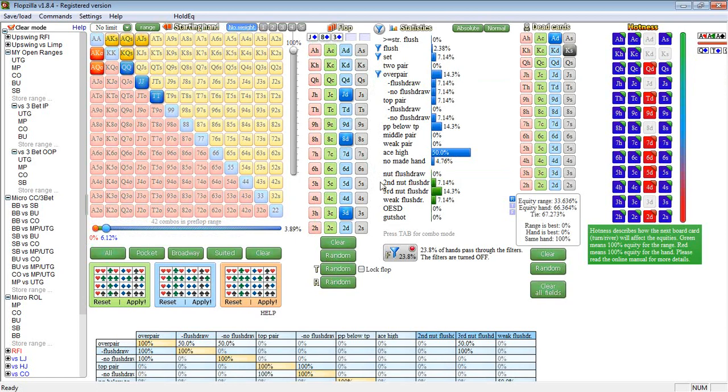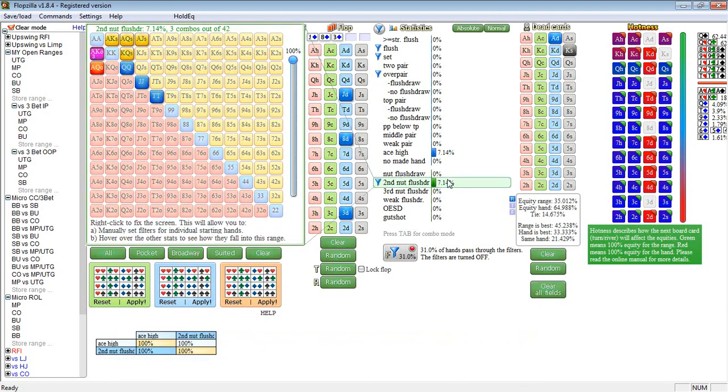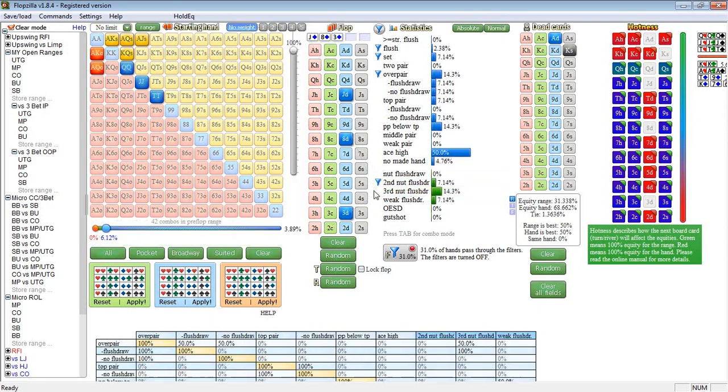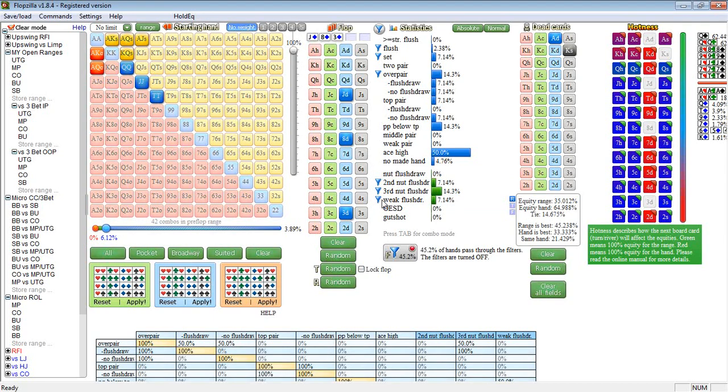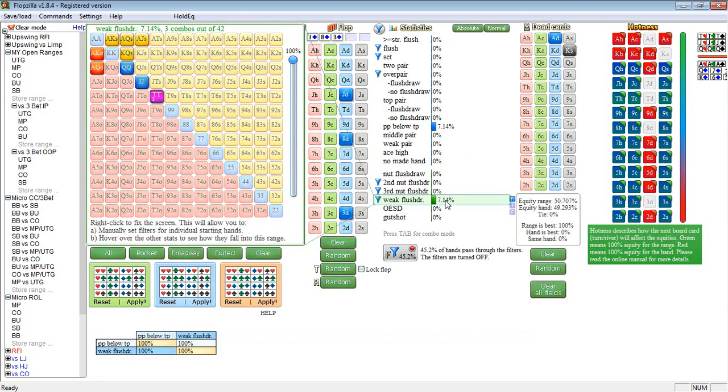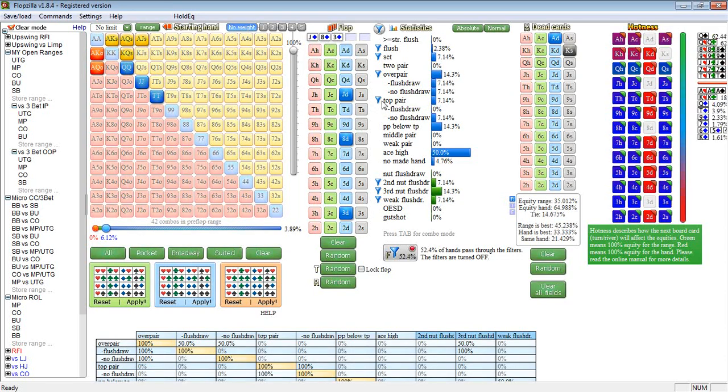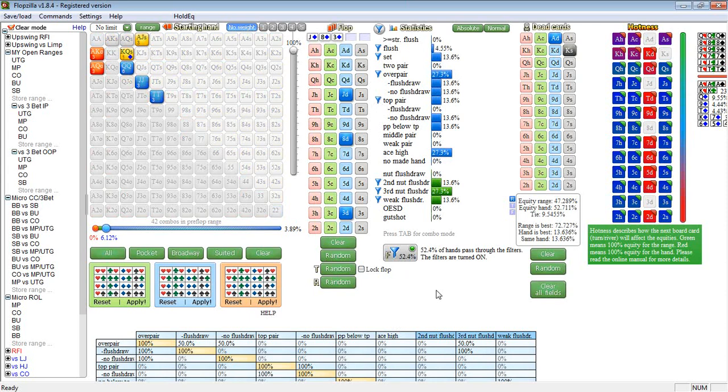He's got the second nut flush, obviously can't have the nut flush. Top pair. Let's let him stick around with top pair too. So a little bit more than what I had stated, but okay. Let's say this is his range that he called with. We still got 52% equity here. Still in pretty good shape.